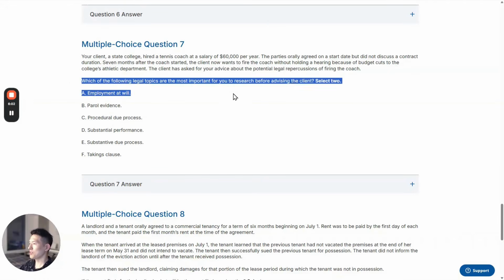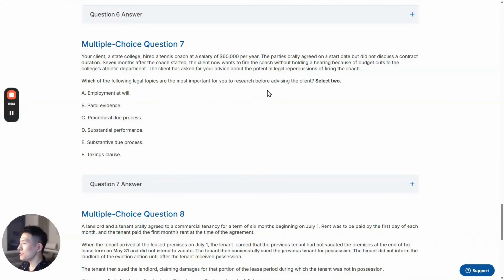So what are the issues here? We see a couple of phrases here. Without holding a hearing, that sounds like due process, specifically procedural due process. It talks about an employment contract. Yes, firing and hiring. So just right off the bat, we are seeing procedural due process possibly being a relevant topic.